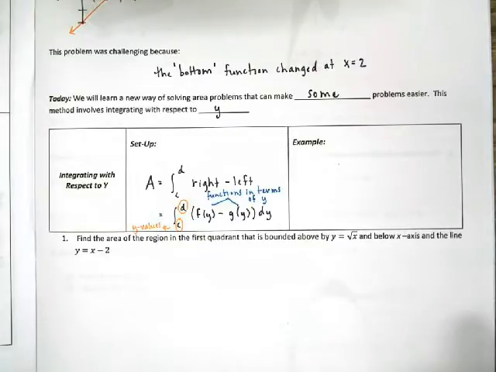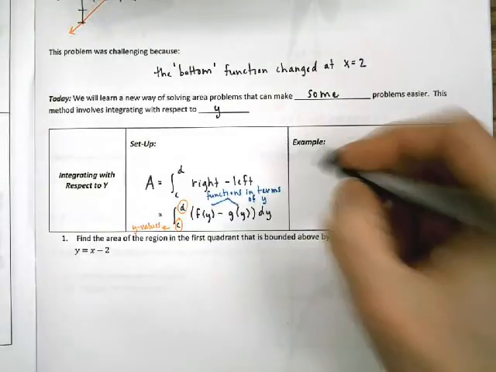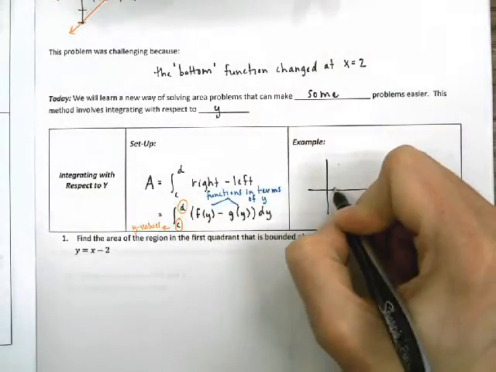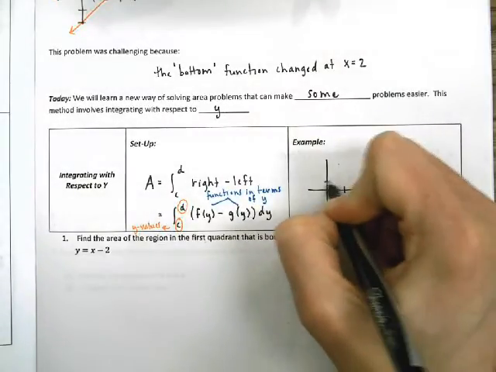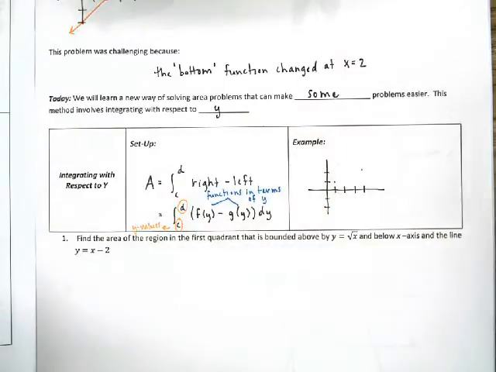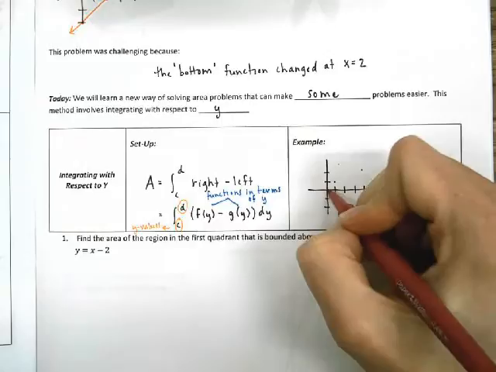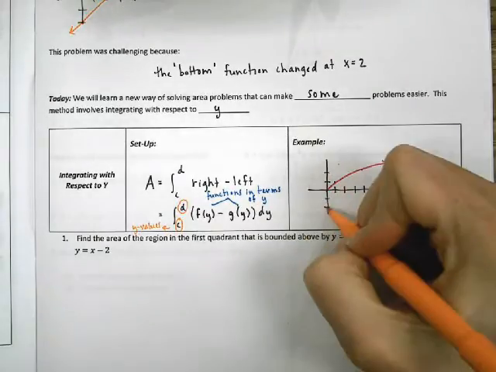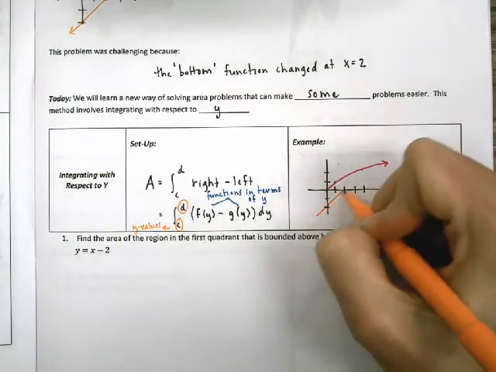So if I look at the same example we just did, let's see here. Try to use the same colors. Now I've got this. And I have this line here.